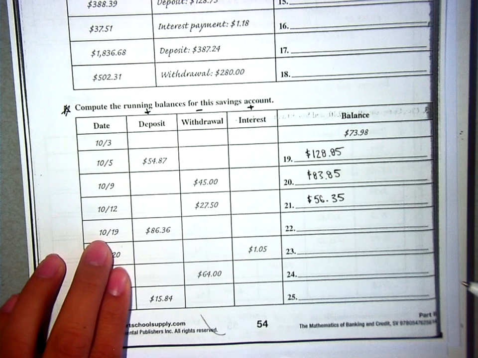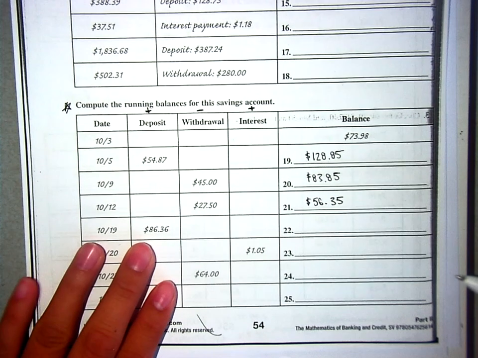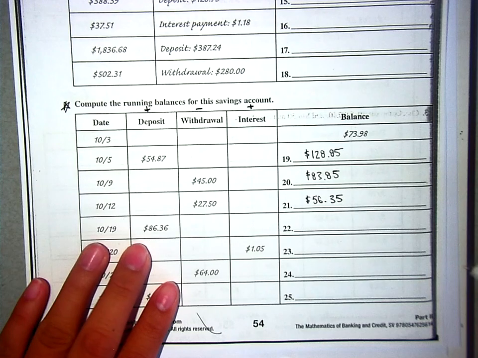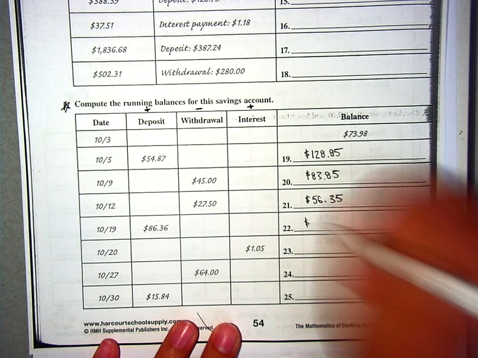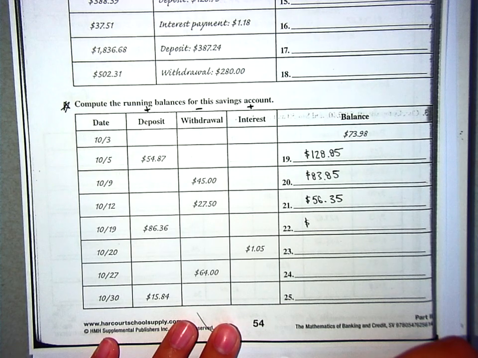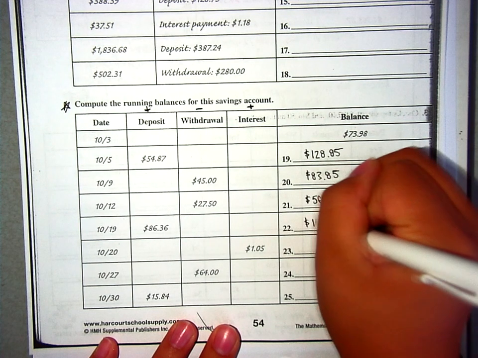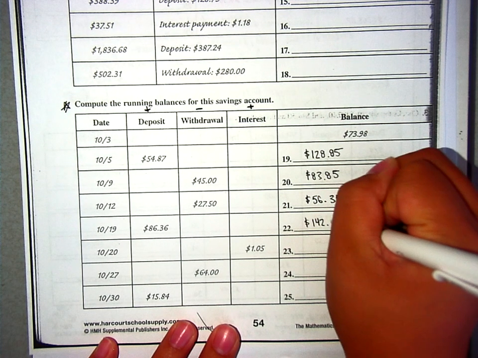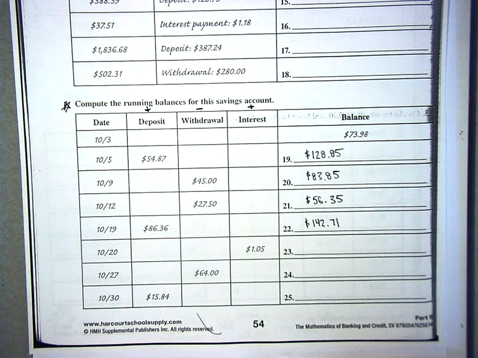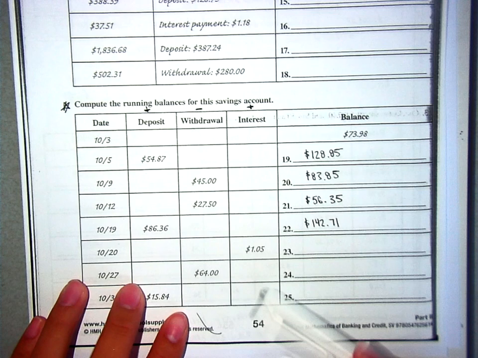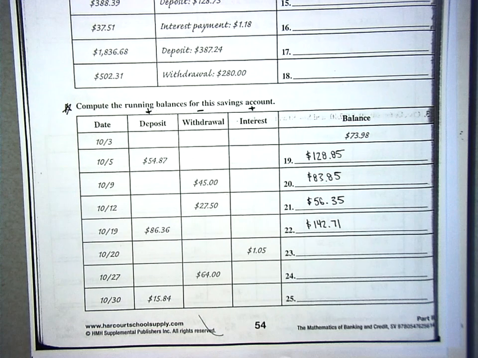On October 19th, we added $86.36 to our account. So now what do we have? On October 20th, we collected $1.05 interest.